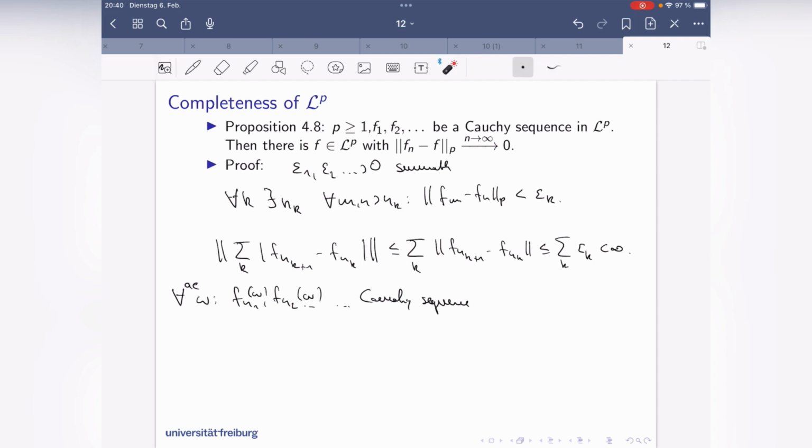And since these are real numbers and the real numbers are complete, this converges.